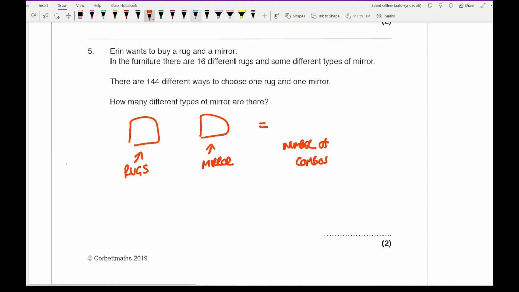Then filling this all in, we get 144. We know this is 16, and we know that we're multiplying. So to work out the number of mirrors, we just need to do 144 divided by 16. So 144 divided by 16 gives me an answer of 9.